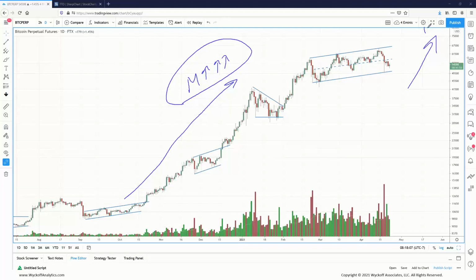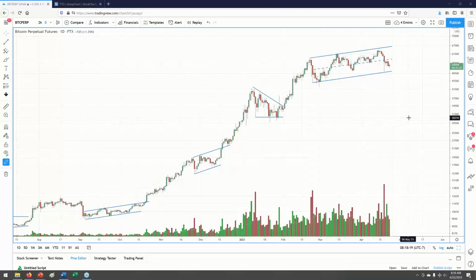I am still thinking about 100,000 as a target for this year to be hit. Yes, we could have reactions, yes, we could have corrections, but not necessarily that we are done with this uptrend.